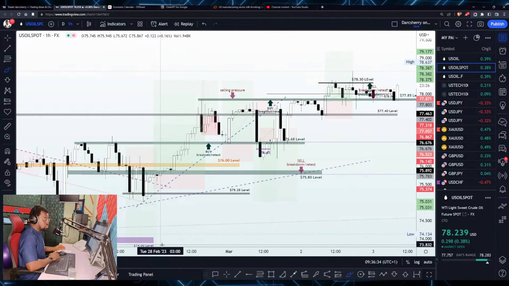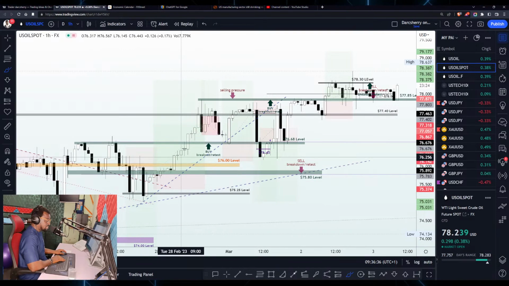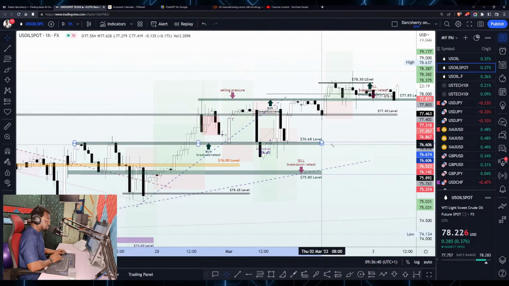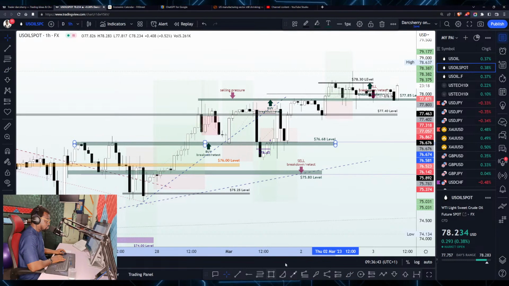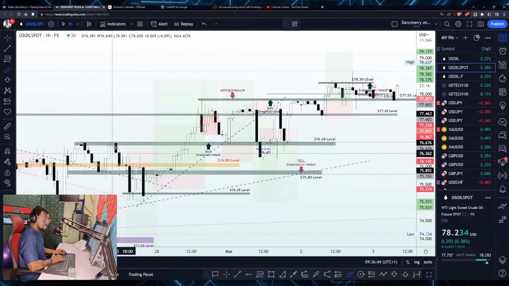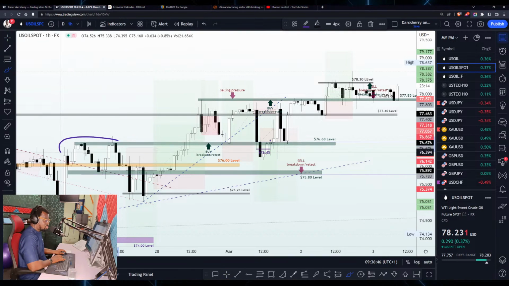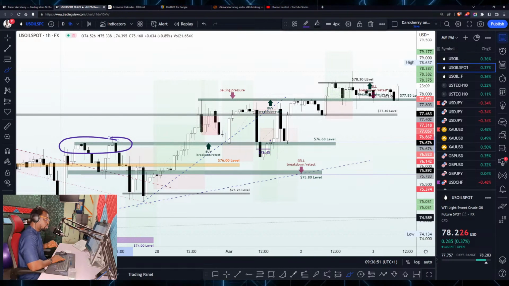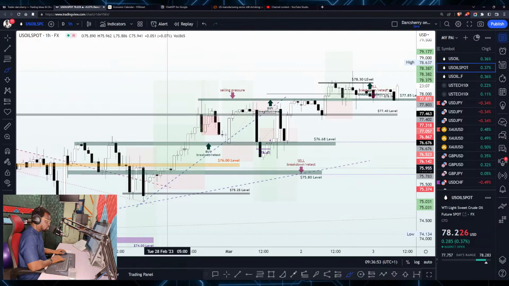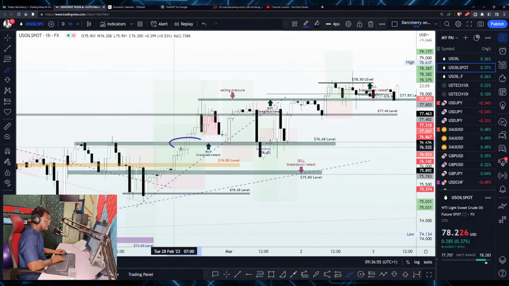And we continued to add more positions to our existing trade at the breakout of structures like the $76.68 level. Remember that level was serving as the initial resistance point for the week after we started seeing selling pressure resume around that area. So we added another position at the breakout of that structure.